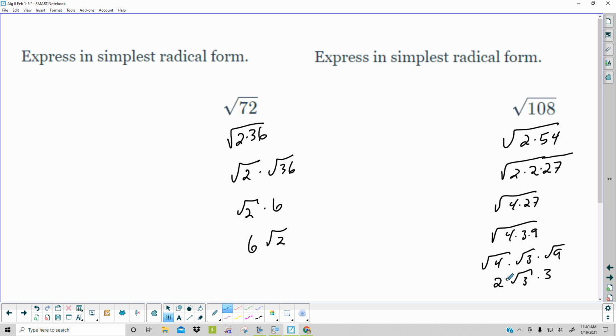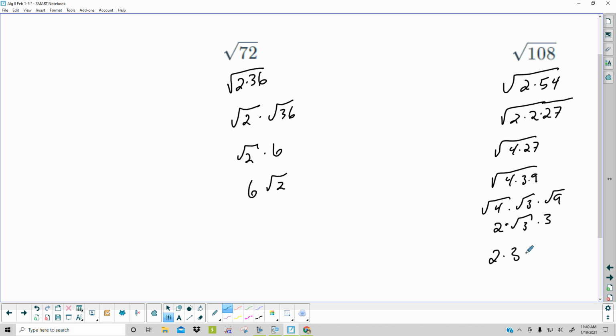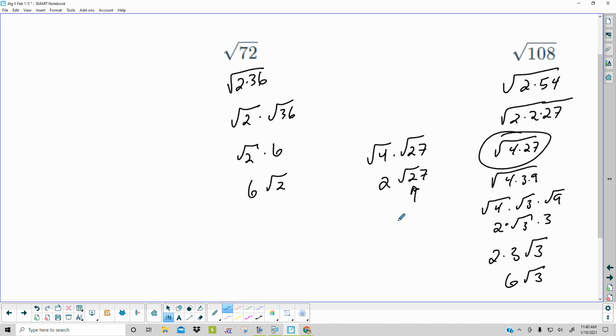Now these are all products. This 3 needs to come in front. So it's 2 times 3 times the square root of 3, or 6 root 3. Okay? You have to fully reduce it. If you left it here, square root of 4 times the square root of 27, and got 2 root 27, it's not done because there's still a perfect square hanging out inside there.